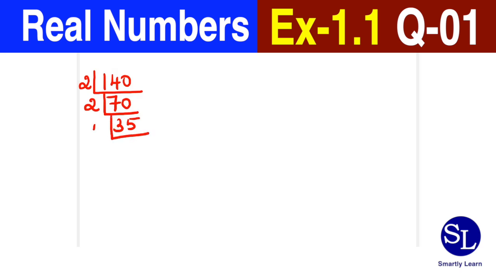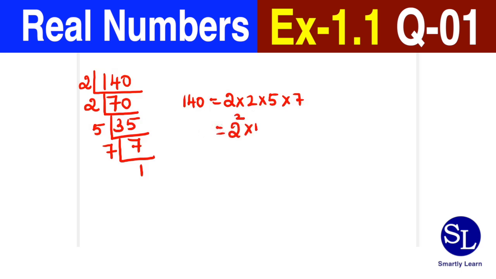Divide 35 by 5, I get to have 7. 7 is another prime number, so divide by 7. So 140 can be expressed as 2 into 2 into 5 into 7. Or in a short form, it is 2 squared into 5 into 7.